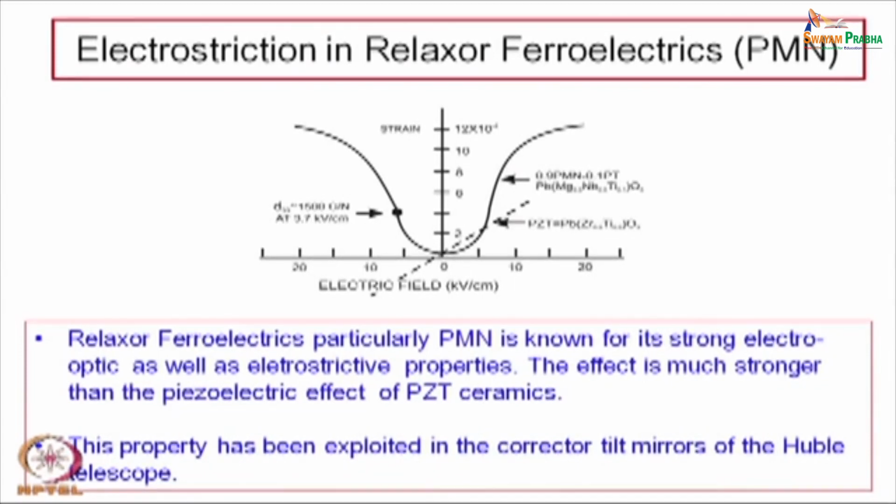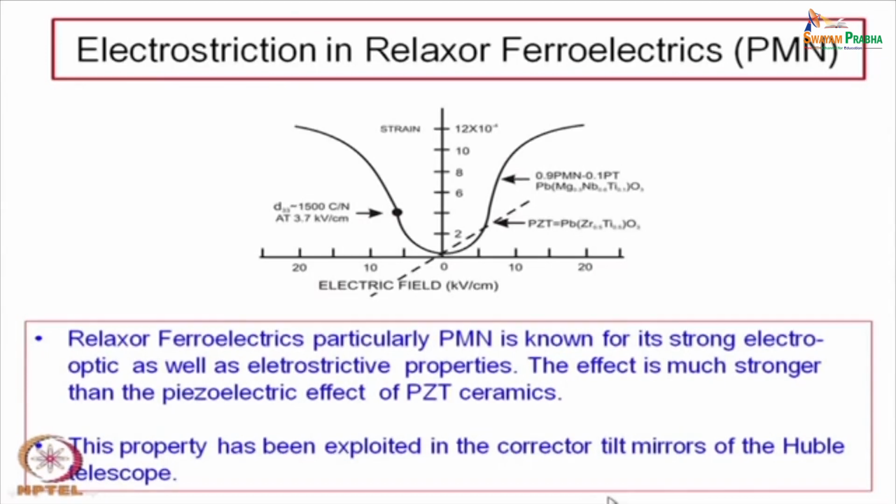Okay. So, this is another very interesting property, particularly for PMN, and this is one of the reasons why this property has been exploited in the corrector tilt mirrors of the Hubble telescope. Okay. So, basically it is an actuator, one can use it as an actuator.